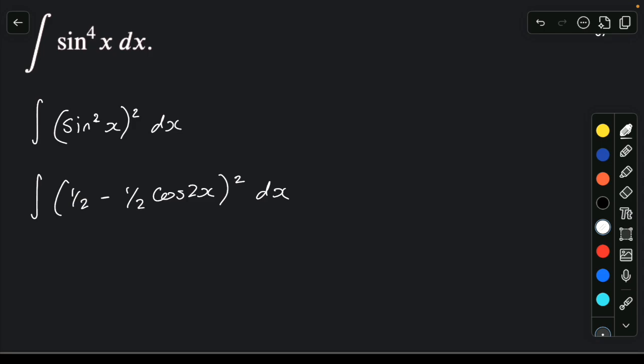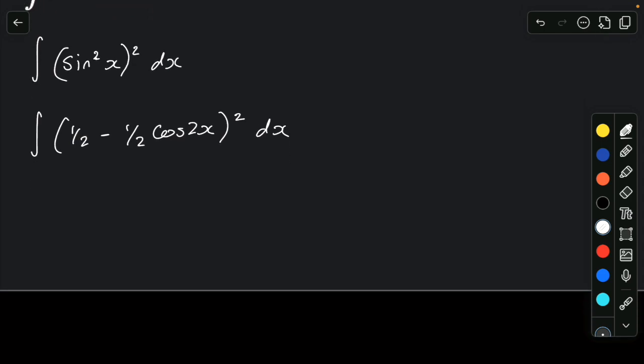So now we've got that bit. Now what we have to do is expand it. So if we expand this, what do we get? Well, we're going to get a quarter minus a half cos 2x, plus a quarter of cos squared 2x.